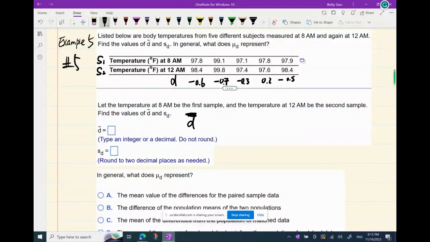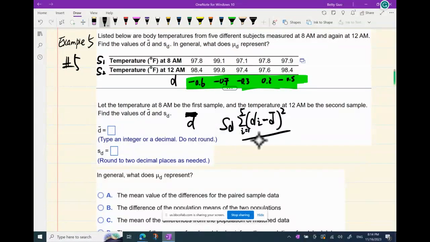So what is D bar? D bar is the average of those 5 numbers. You add them up and you divide by 5. And what is S sub D? S sub D is the sample standard deviation of the 5 values. I don't know if you still remember the formula. It's the sum of D i minus D bar squared, over the 5 squares, then divide by 5 minus 1, which is 4, and then take the square root.